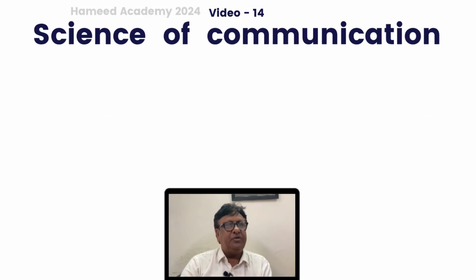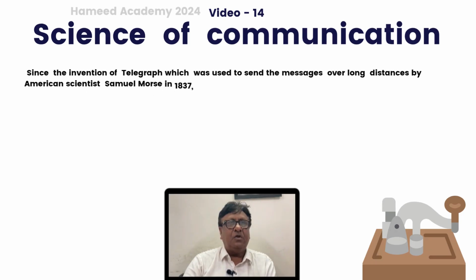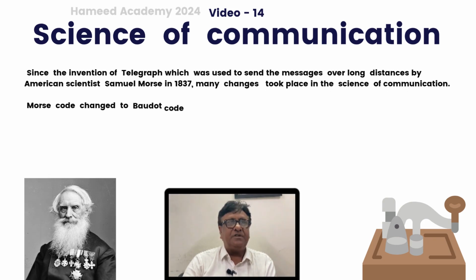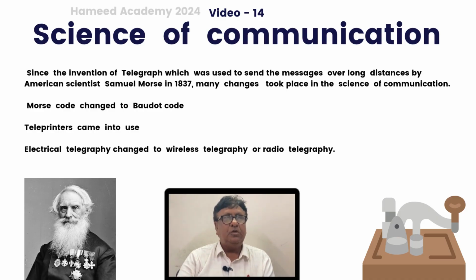Science of Communication. Since the invention of telegraph, which was used to send the messages over long distances by American scientist Samuel Morse in 1837, many changes took place in the science of communication. Morse code changed to Baudot code. Teleprinters came into use.